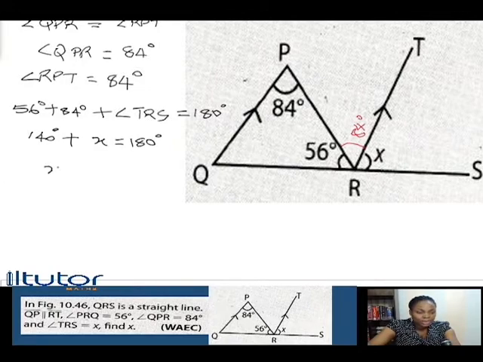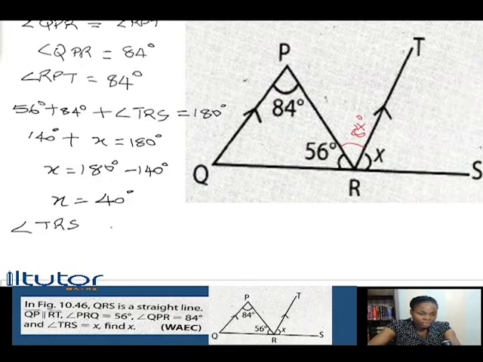So our X is equal to 180 degrees minus 140 degrees. So our X is equal to what? 40 degrees. So we have found our angle TRS, which is equal to X, which is equal to 40 degrees.